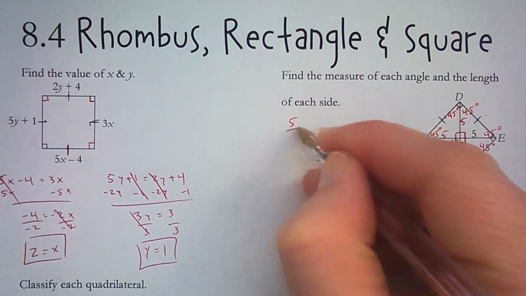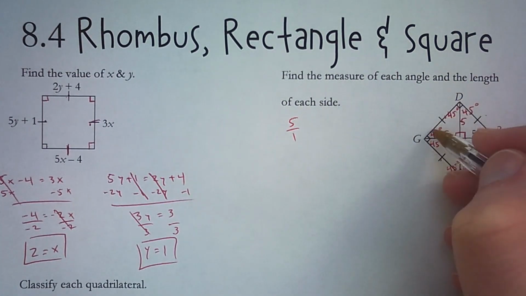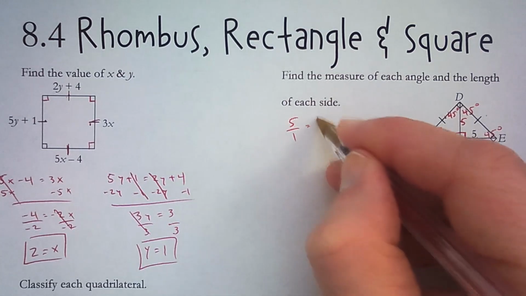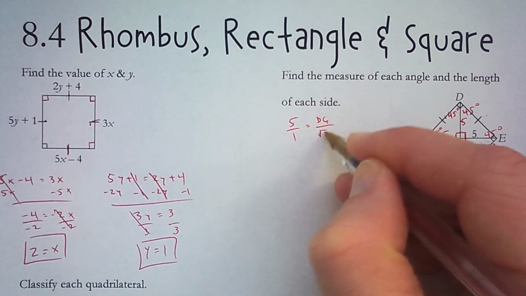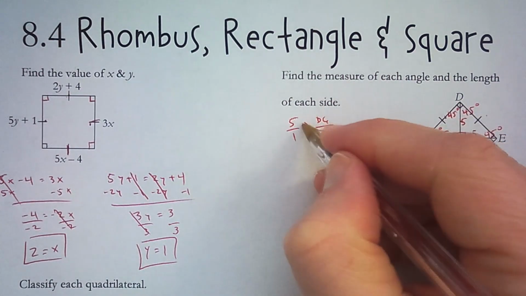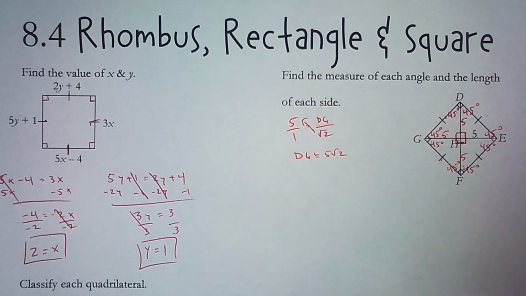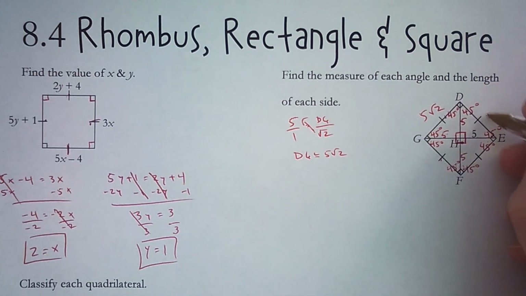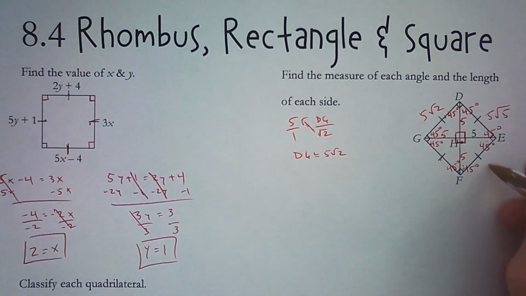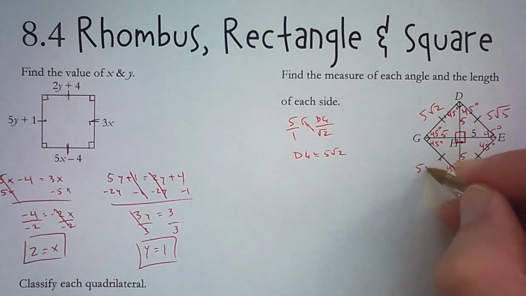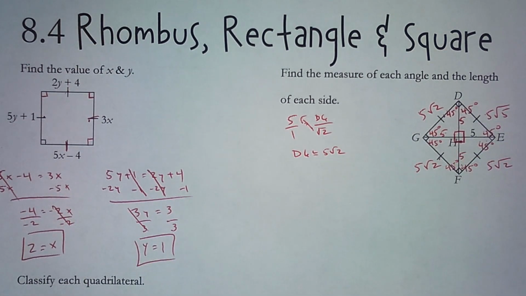So that means 5 is to 1 as DG is to the square root of 2. I can multiply across and get DG equals 5 root 2. So around the outside, every side is 5 times the square root of 2.